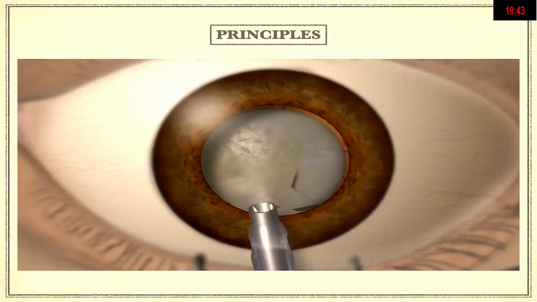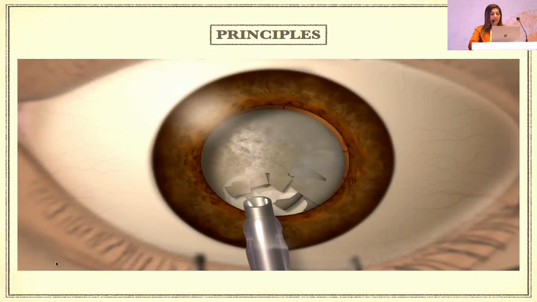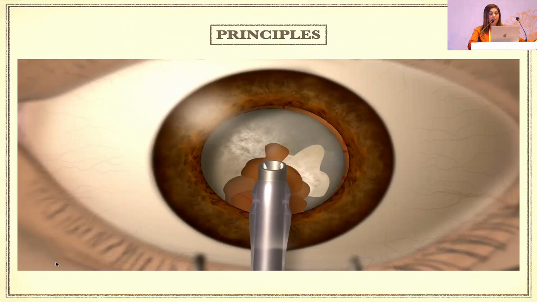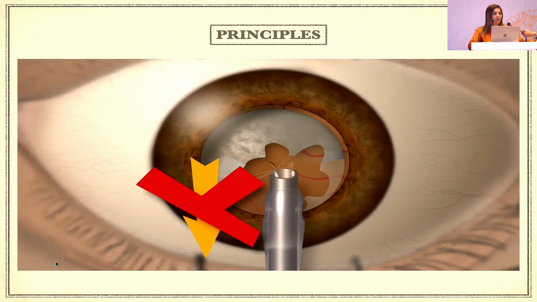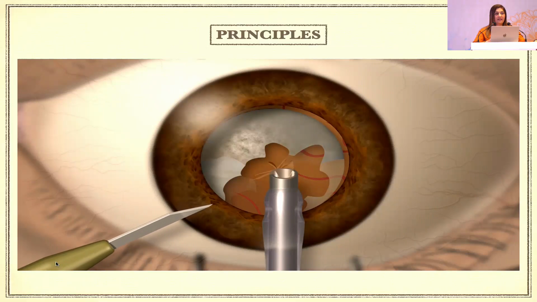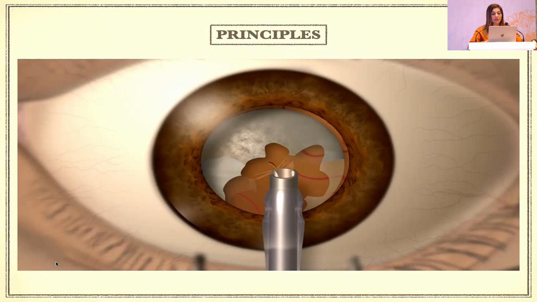So initially, I will be just showing a few animations which explain how things actually work. For example, this animation shows that when you are doing a phacoemulsification, and suppose you happen to capture the posterior capsule, do not just directly withdraw the phacoemulsification probe from the eye just because you are scared.